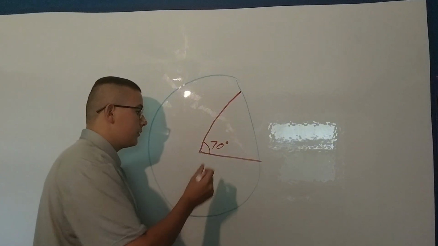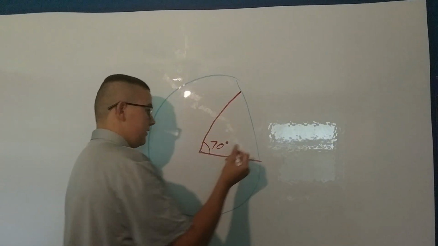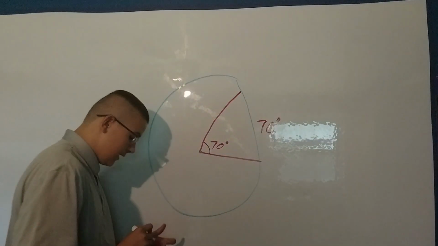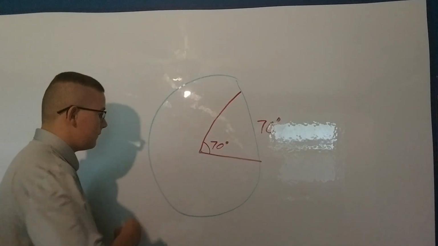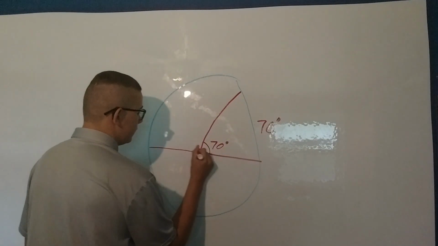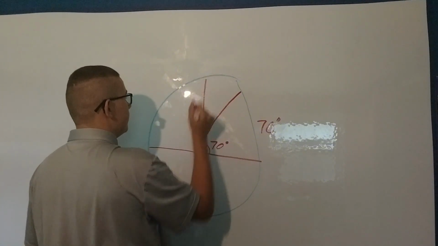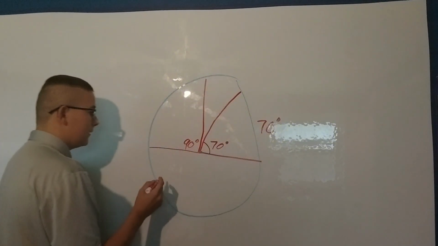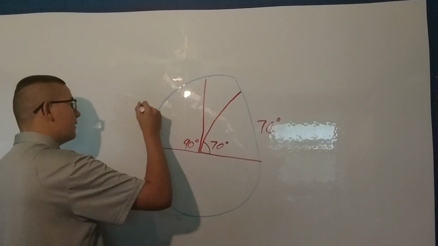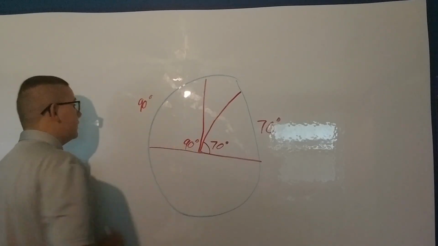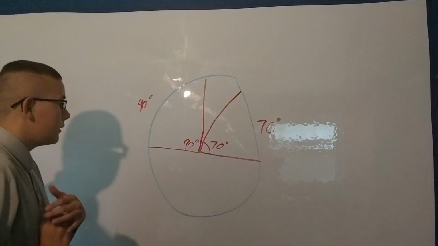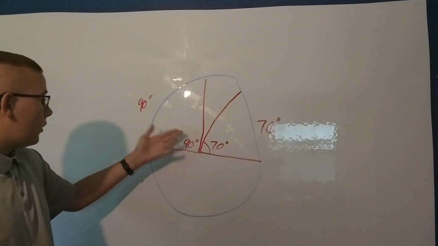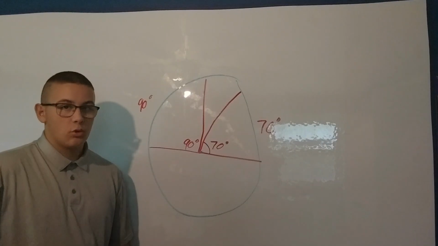Well, that angle is going to be the exact same measure as the central angle to its points, so this is also going to be 70 degrees. Same thing, if we have one here like this, and I say this is 90 degrees, then this arc right here is 90 degrees. So the arc angle is always going to be the same as the central angle.